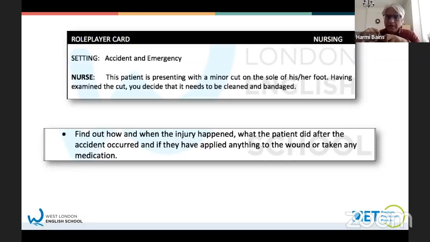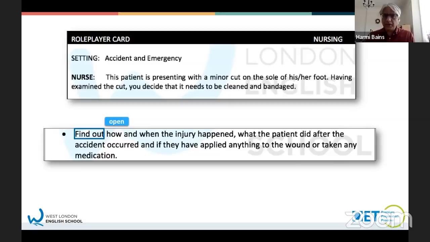Remember, you've got 3 minutes to prepare. And like I was saying, put those 3 minutes to good use. You can see this is your first task, and it says find out. But really, if you look closely, you've got a few things to find out. It's not just asking one question, but you're going to ask a few questions. So you've got to find out.